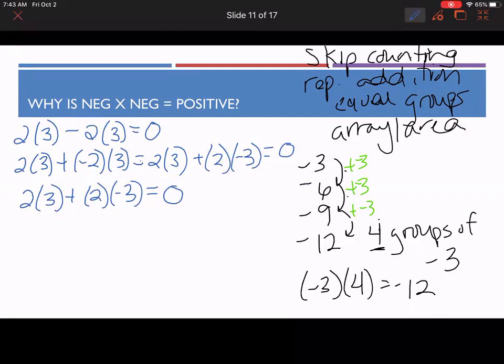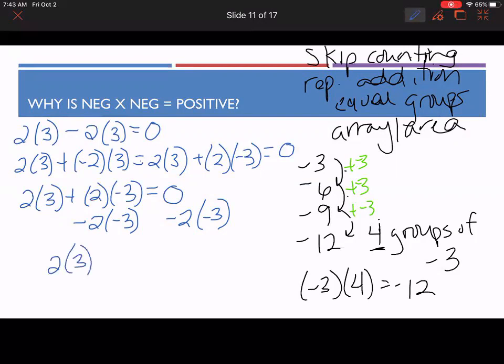And now if we think about, well, if I subtracted this 2 times a negative 3 from both sides of this equation, right, to keep it all equal and balanced, then I would get this positive 2 times positive 3 is the same as, right, 0 plus or minus 2 times negative 3, this negative 2 times this negative 3.